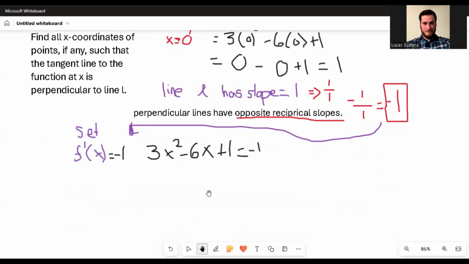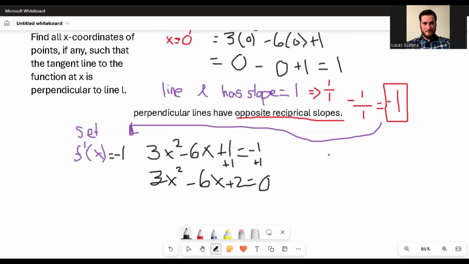Notice this is a quadratic equation. We move the 1 to the left-hand side, so we get 3x squared minus 6x, we add 1 to both sides, and we get plus 2 is equal to 0.